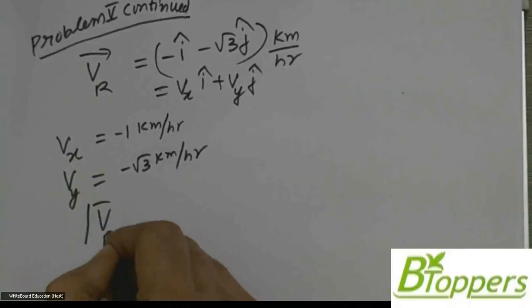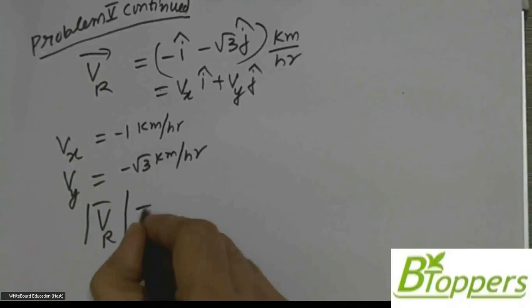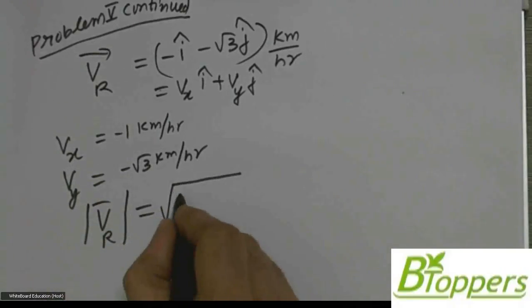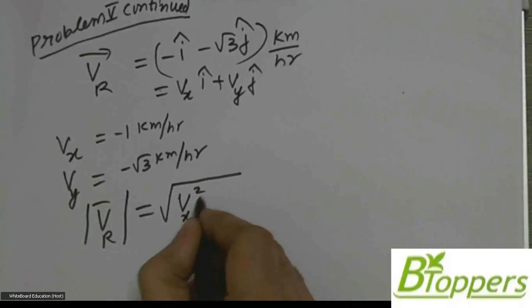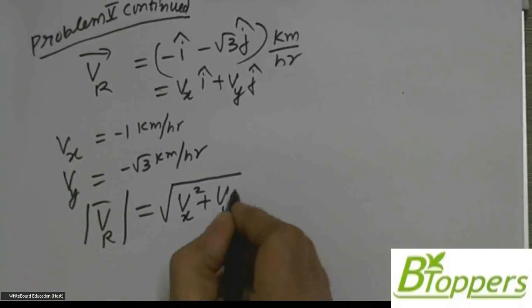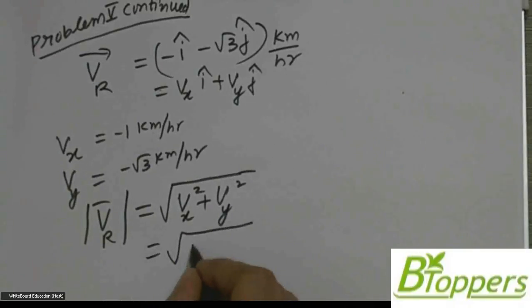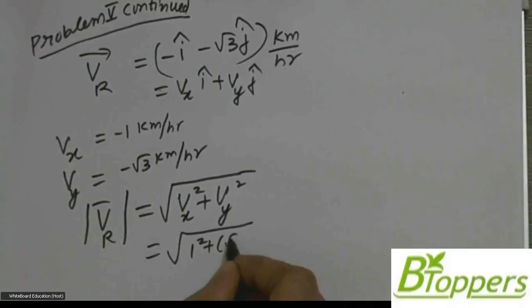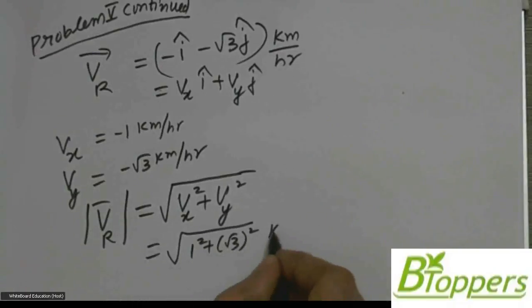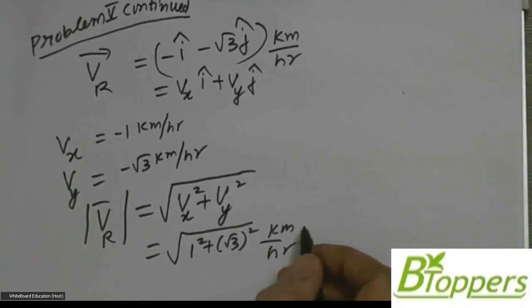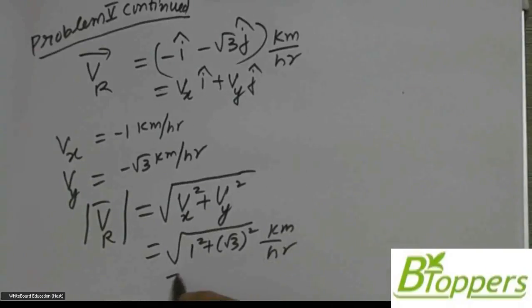Therefore, the magnitude of the actual velocity of the raindrops will be the square root of Vx square plus Vy square. If you simplify this, you get 2 kilometer per hour.